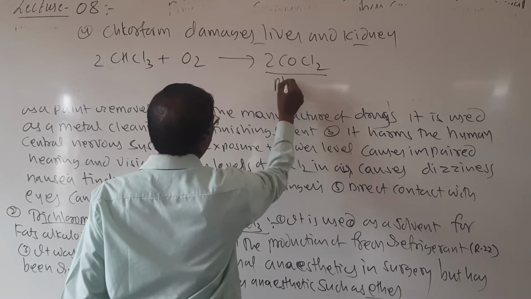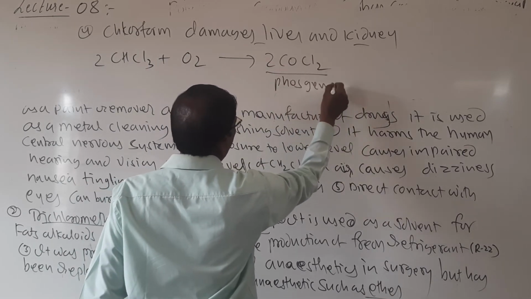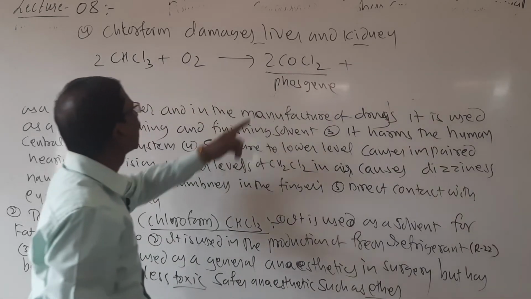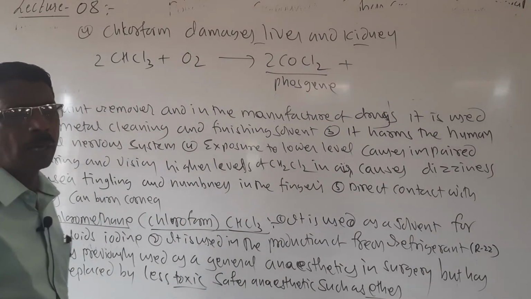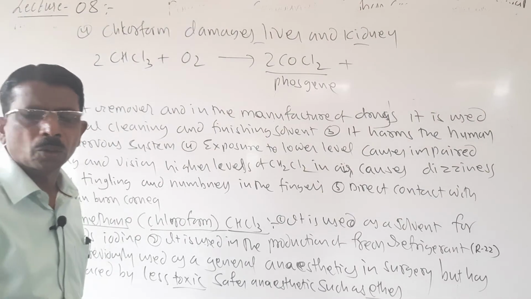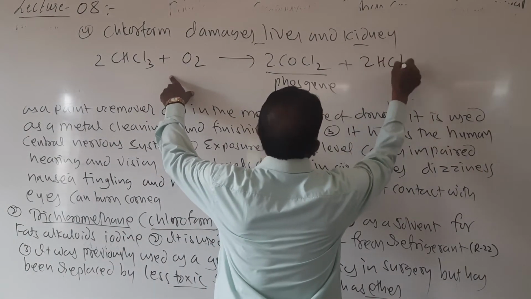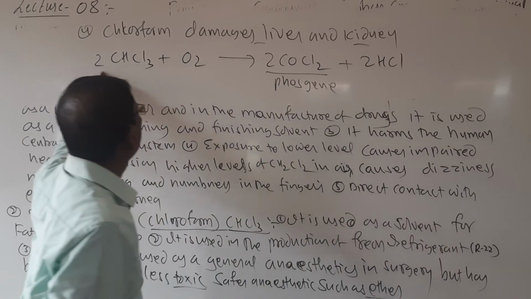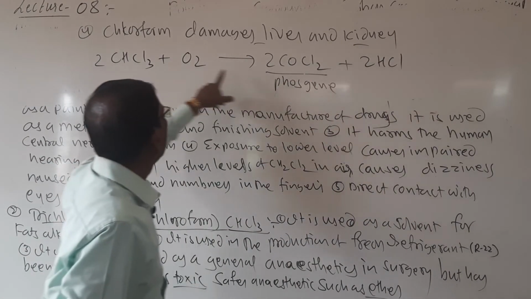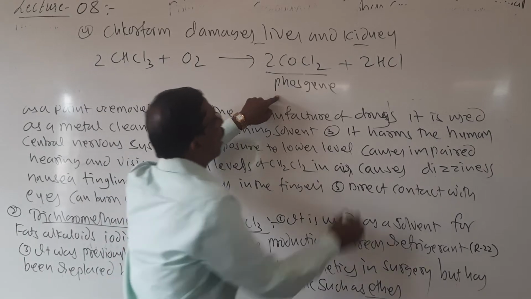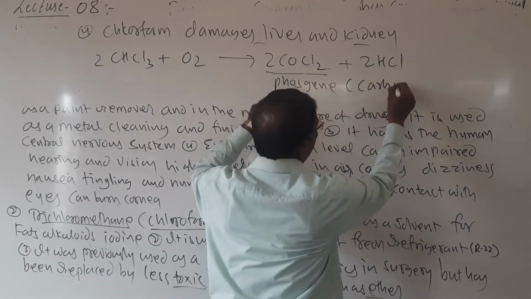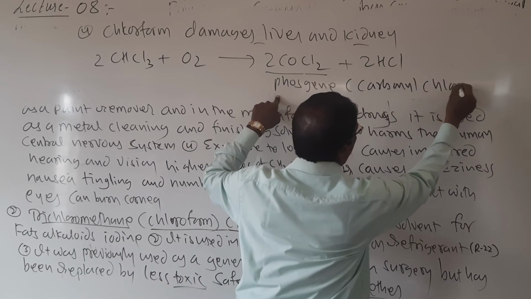It is called phosgene, or it is also called carbonyl chloride, and the remaining part forms 2HCl.